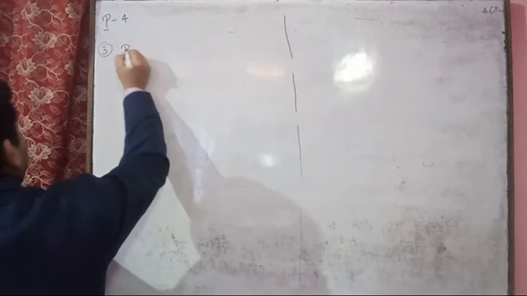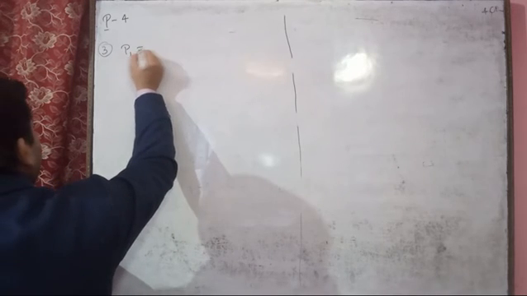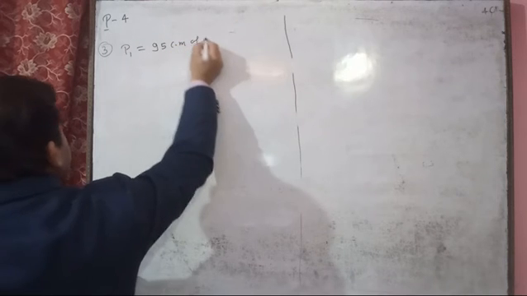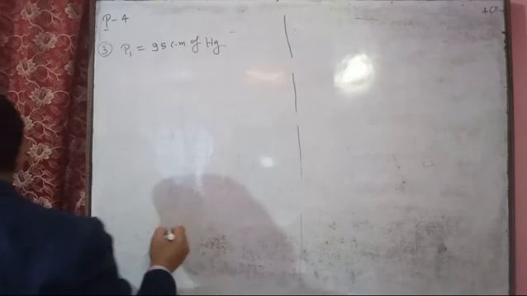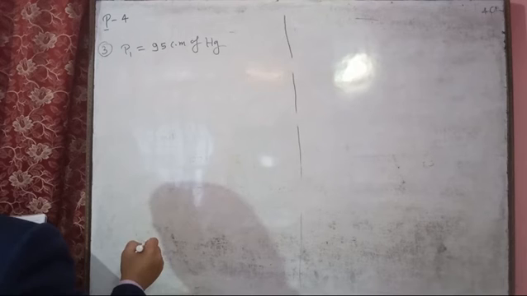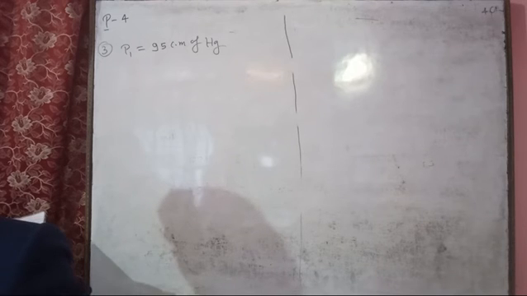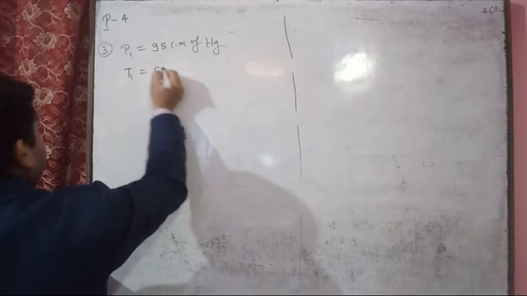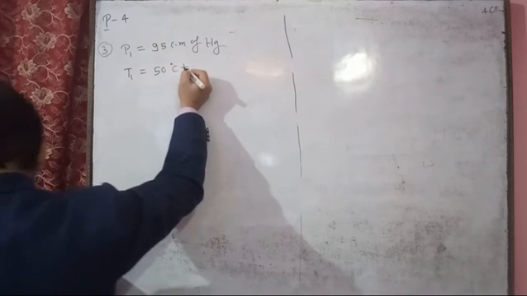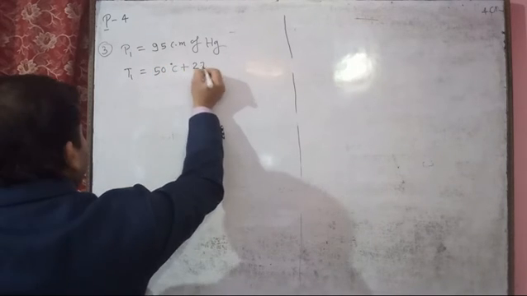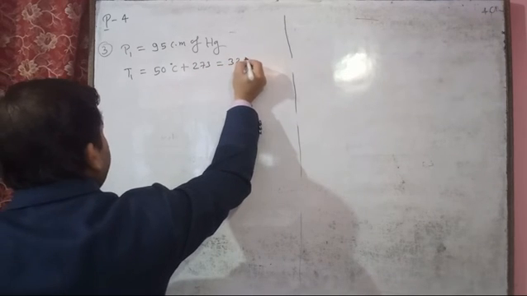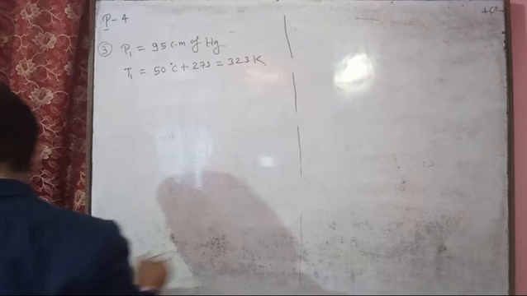So this is P1, the original value, 95 centimeter of Hg, and a temperature of 50 degrees Celsius. Temperature given is T1, 50 degrees Celsius. You will add 273, then we get 323 Kelvin.